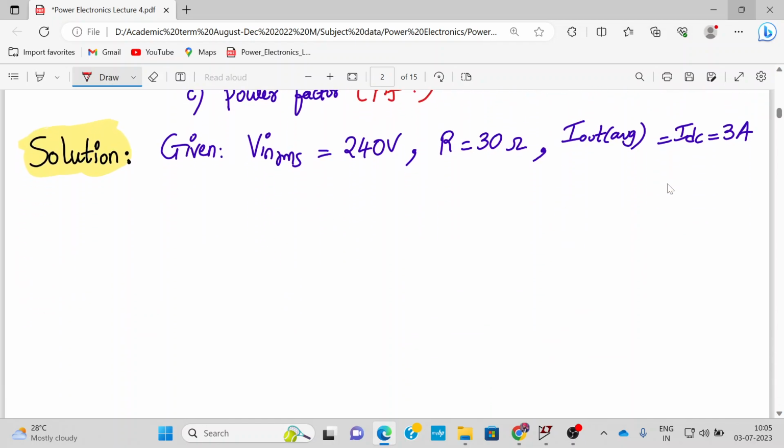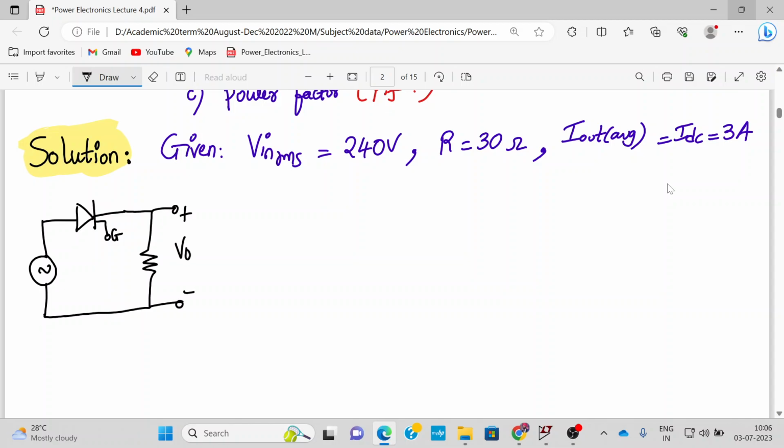So let us see what the given data is. We have the input supply V in RMS of 240, R is around 30 ohm, and I out average is around 3 amperes. Let's draw the diagram just for the mental picture. Here we have an AC source. Then we will have an SCR, which will have its gate terminal over here. Then it's connected to a resistive load RL, across which I check the output V out.